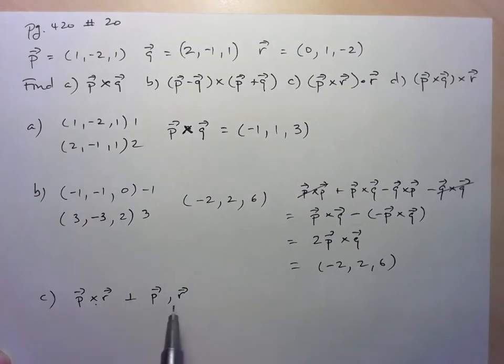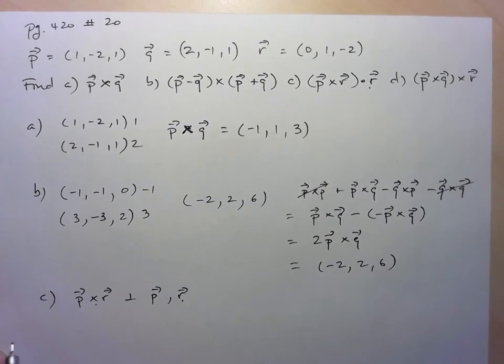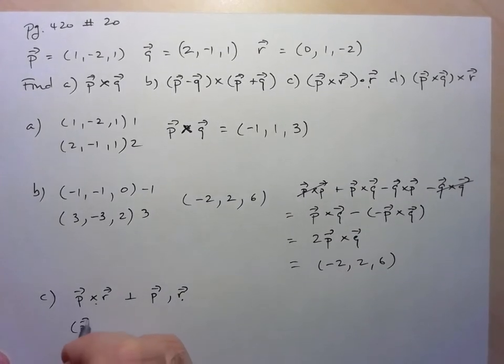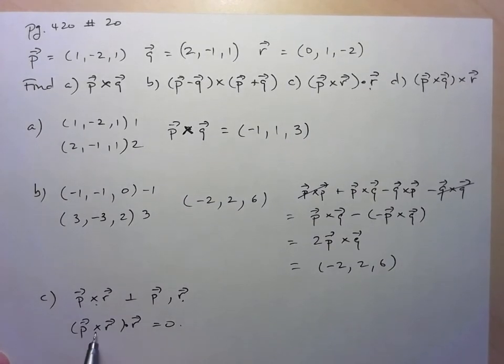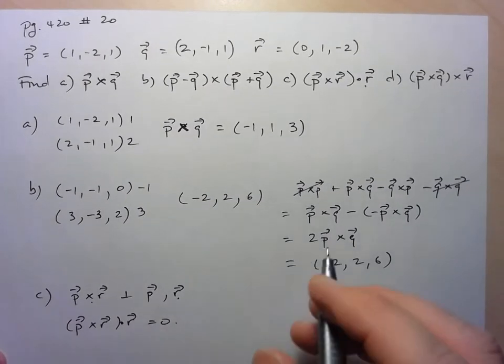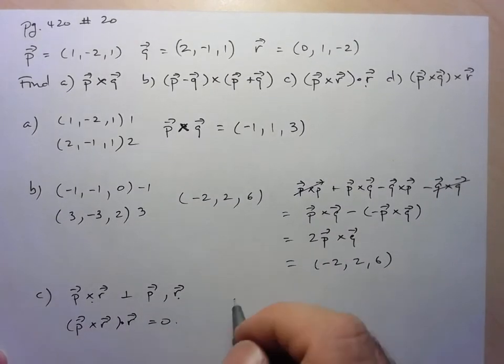But if it's perpendicular to R, then that means the dot product here has to be equal to 0. So P cross R dotted with R has to be equal to 0, because this vector by definition is perpendicular to R here. Okay, so there we go. And again, if you did grind it out, you did everything correctly, you should get 0.